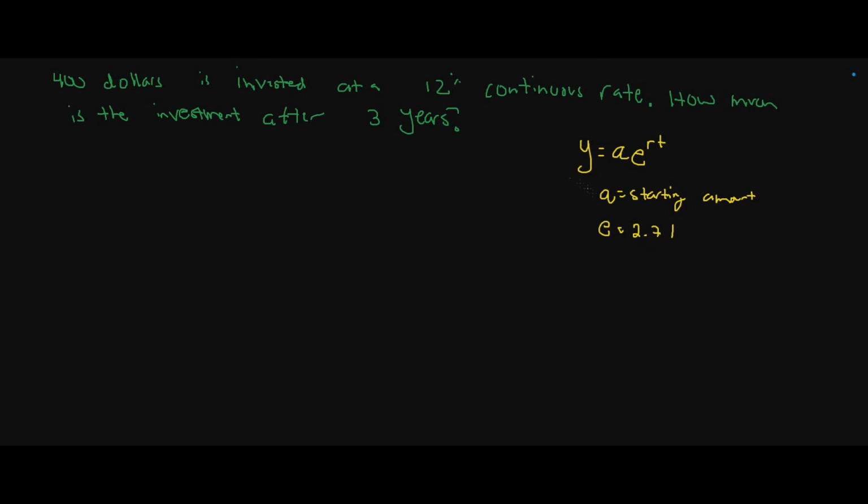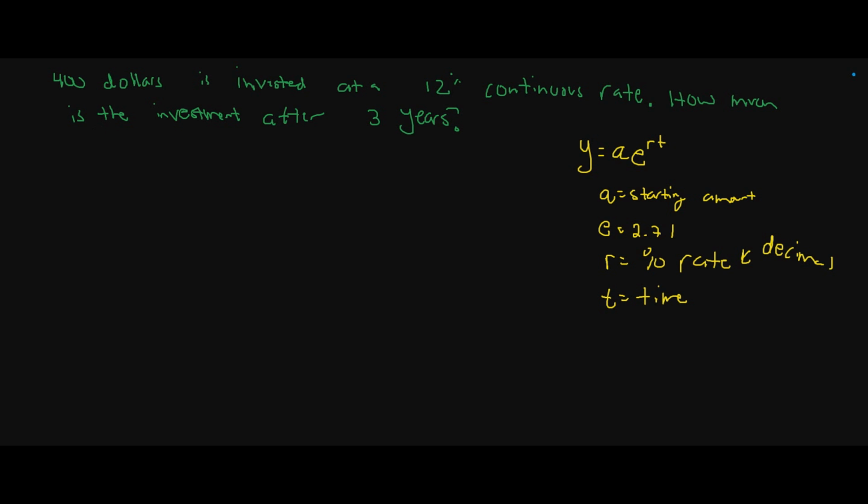So that's just our base. The R represents the percent rate. We just need to make sure this is as a decimal. And T represents time, whatever the problem's asking us about, whether they want to know how much is there in 3 years, 3 months, 3 seconds, etc.